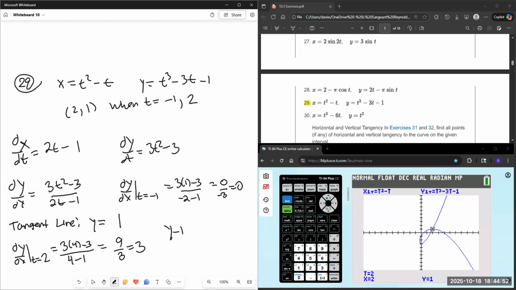So y minus 1 equals 3 times x minus 2. y minus 1 equals 3x minus 6. And then y is equal to 3x minus 5. And that's my tangent line for the second point. And that's going in this direction here.